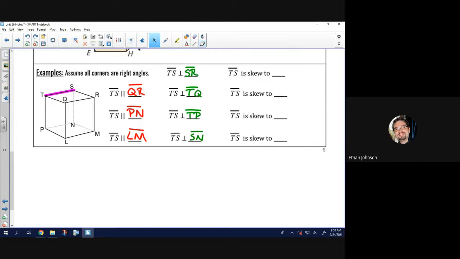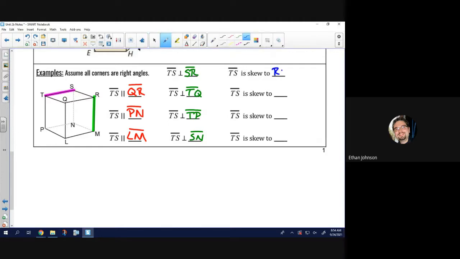So let's look at this last one, skew. Remember, skew means that they go in different directions and will not cross. For example, if we talk back about that segment SN that we had, see how they cross at point S? Instead, if we're talking about segment RM, those will not cross.